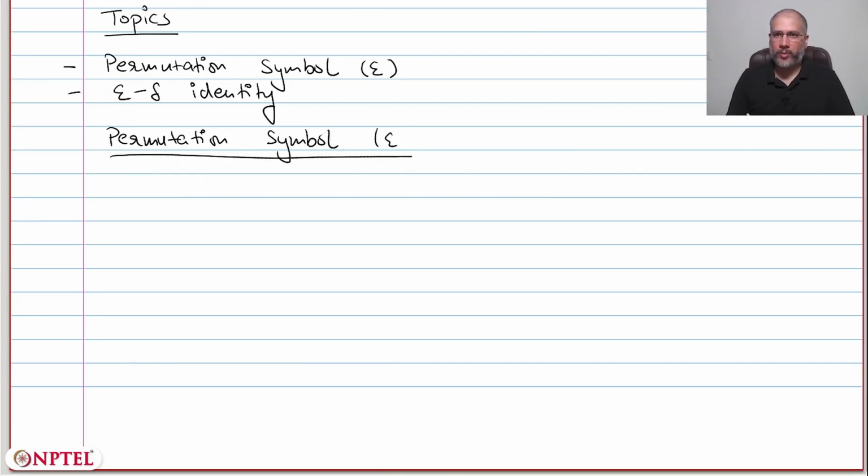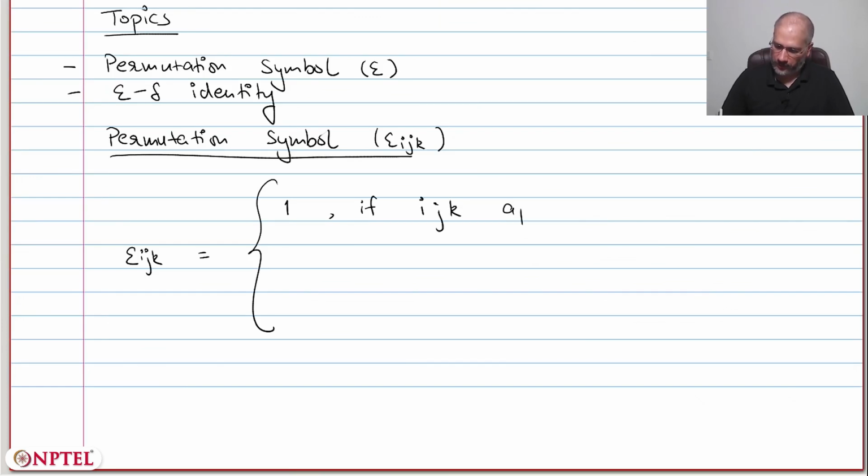So the permutation symbol epsilon has got three indices. So I'll write it as epsilon ijk. Epsilon ijk is defined as, so it takes the value 1 if the indices i, j, k appear in the order of 1, 2, 3 and so on.